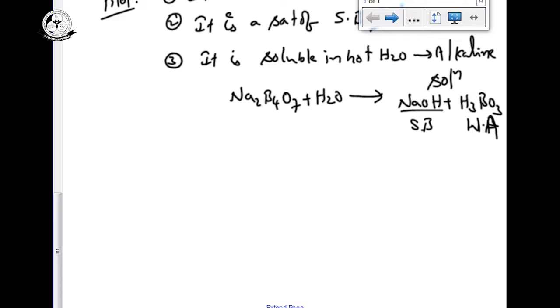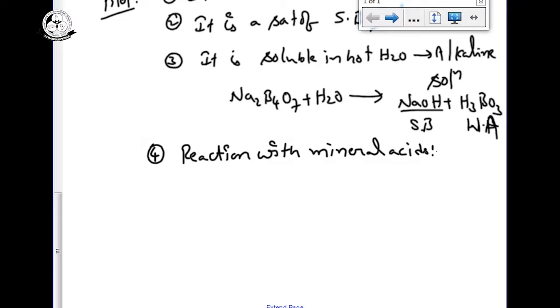It can react with mineral acids. Mineral acids means acids like HCl and H2SO4, which can give hydrogen ions. Borax is converted into the corresponding salt and orthoboric acid.